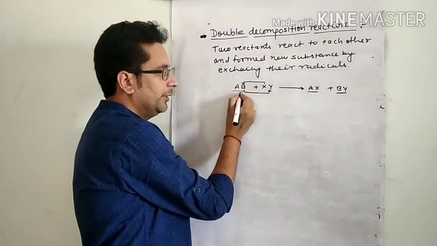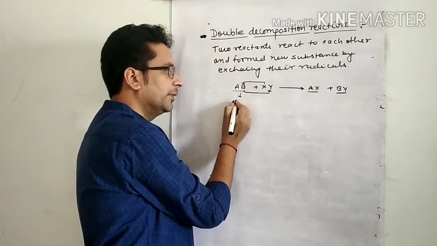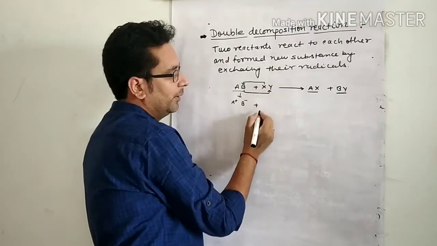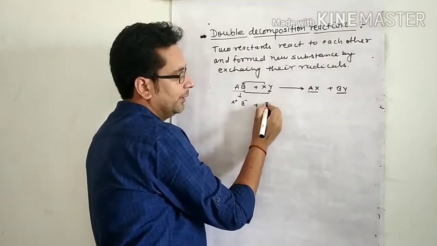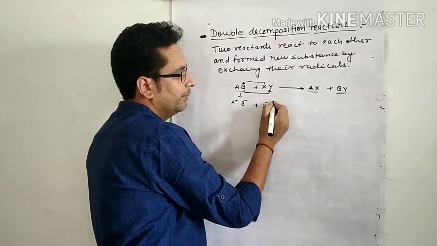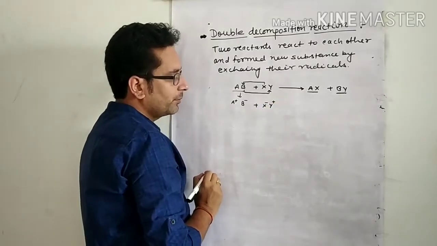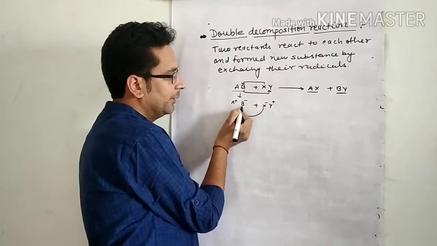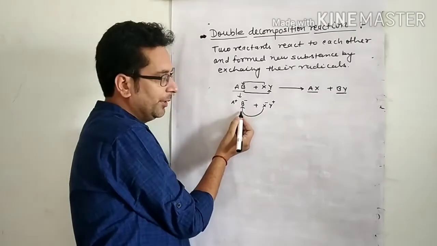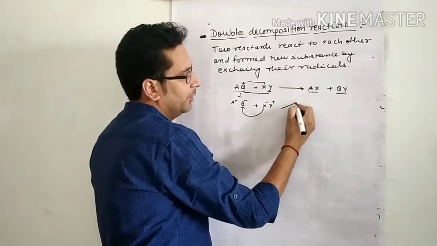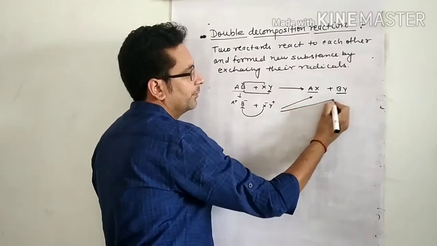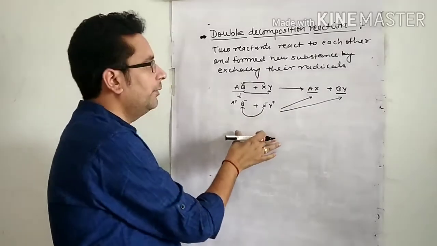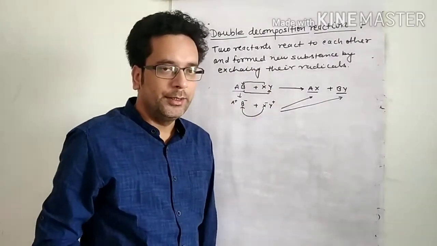Now look here, this can be written as A plus and B minus. It can be written as X minus Y plus. Now this X replaces B, and there is formation of this. This is a general example of double decomposition reaction.